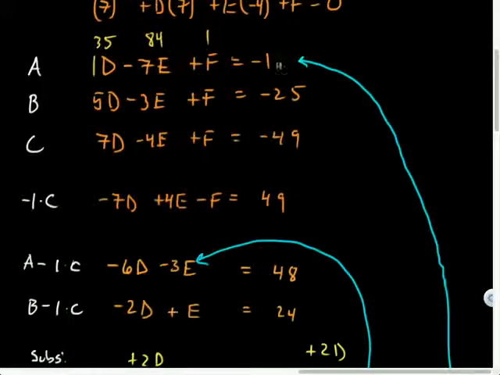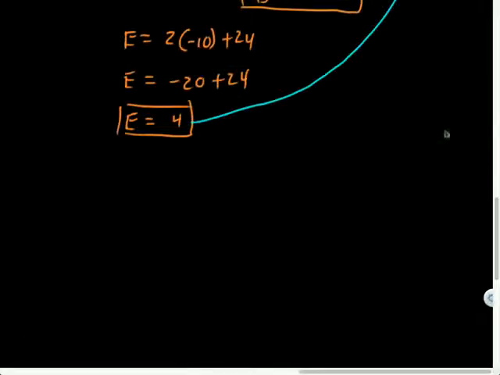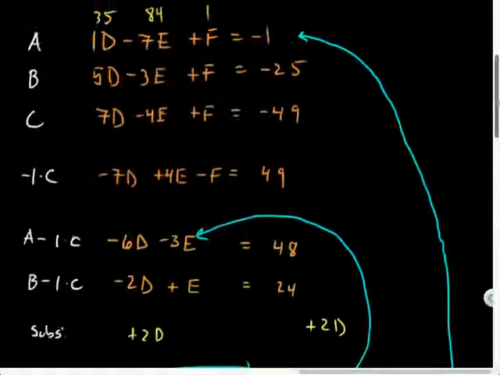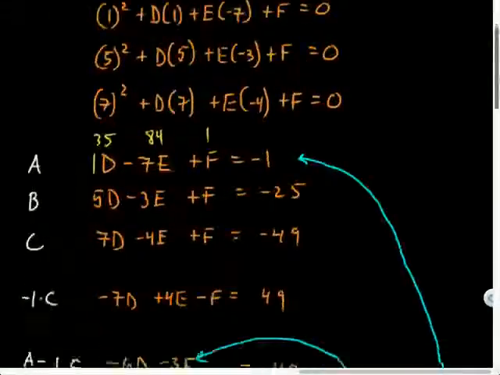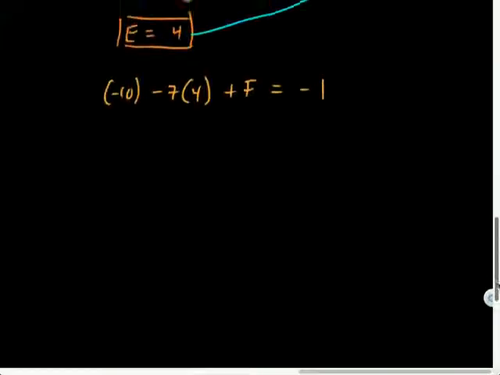So 1D, negative 7E plus F. So I'll have 1D, so that's negative 10, minus 7E plus F equals negative 1. Let's see, did I get those coefficients right? 1, minus 7, 1, negative 1. I got it. So let's simplify this. So this is negative 10 minus 28 plus F equals negative 1.